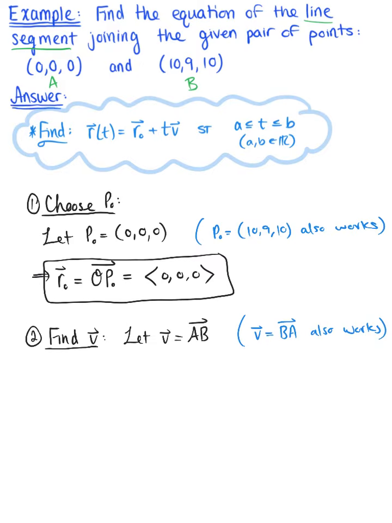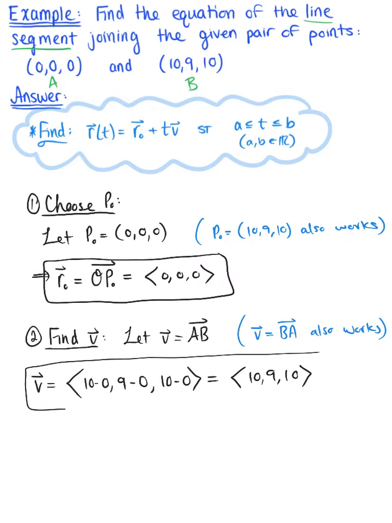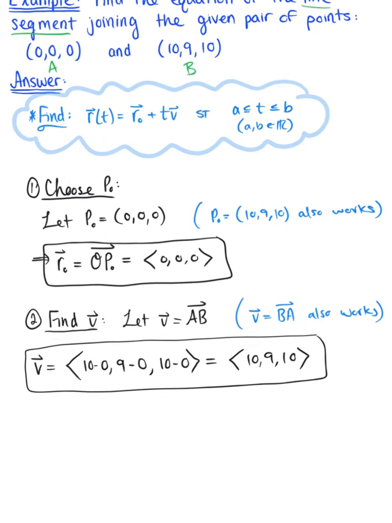I'm going to use vector v defined as the directed line segment from point A to point B. This is terminal minus initial, so I have 10 minus 0, 9 minus 0, 10 minus 0, for a parallel vector defined as (10, 9, 10). And we have all of our pieces. We are ready to define the equation of the line segment.